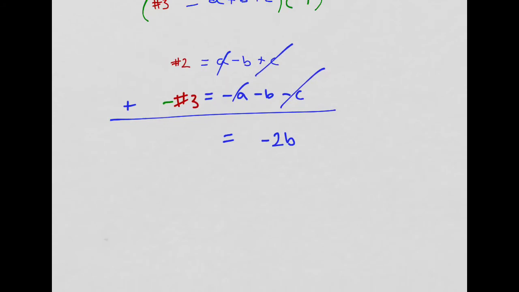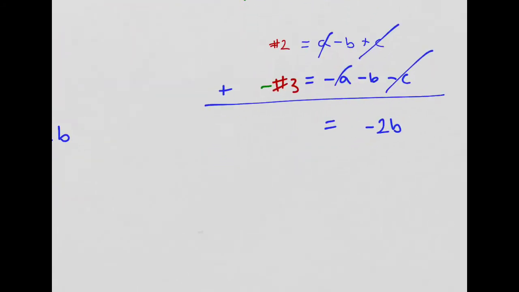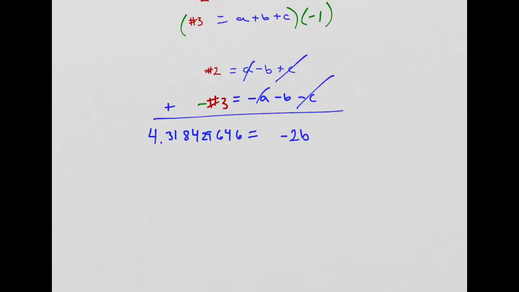So I'll actually write it down, though. And my calculator gives me 4.318429646. But since I only have this negative 2b, I can actually solve for b right away.